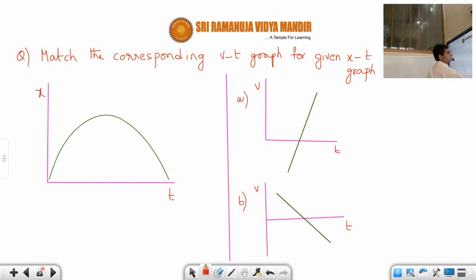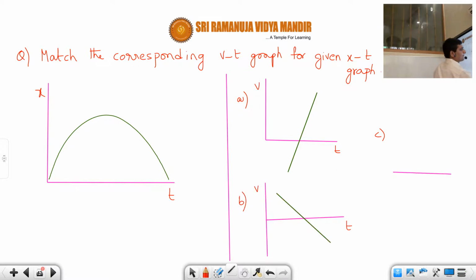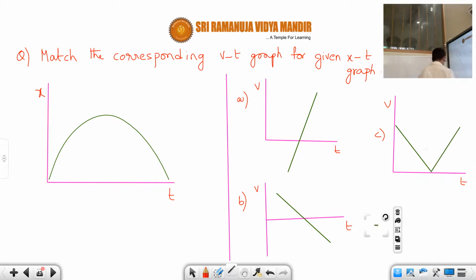And then third, C. This is the time and this is the V. This is V and this is T, and the shape of this VT graph is given like this, students. The shape of the VT graph is given like this.